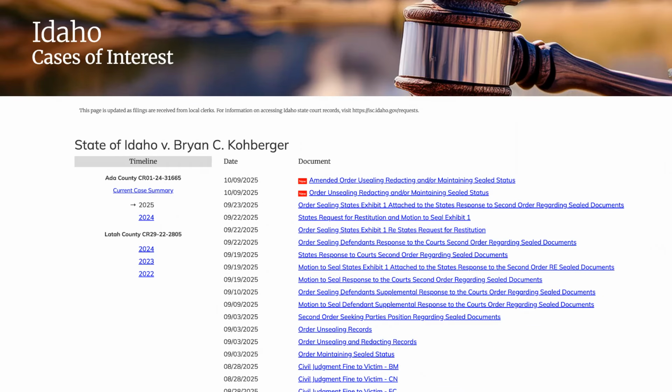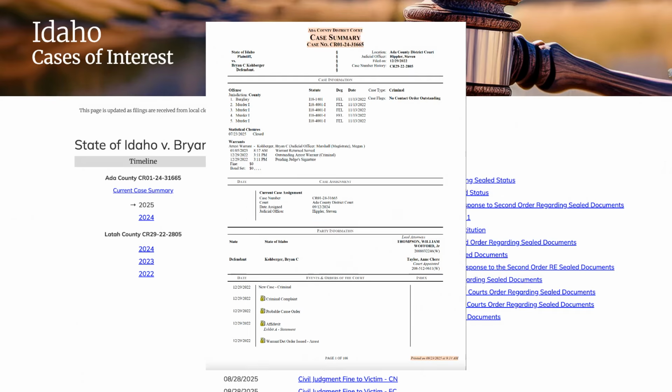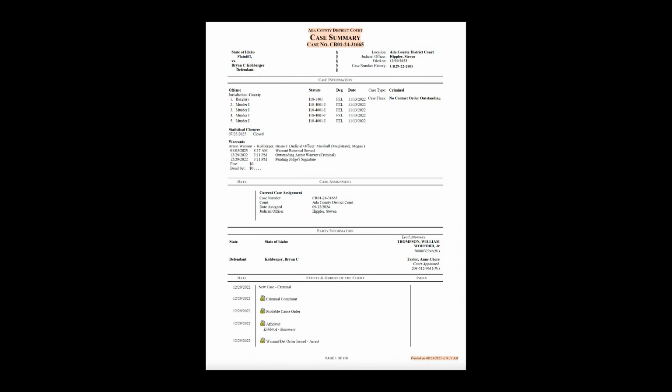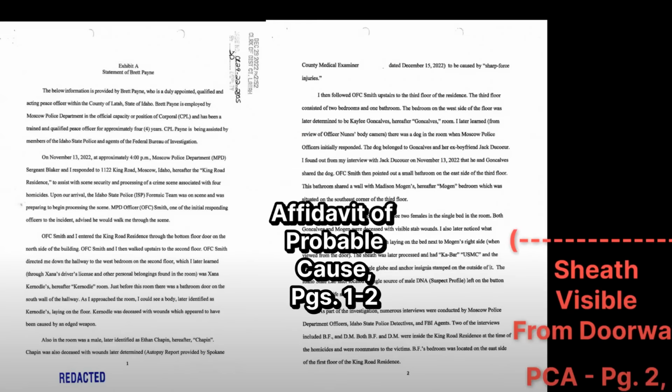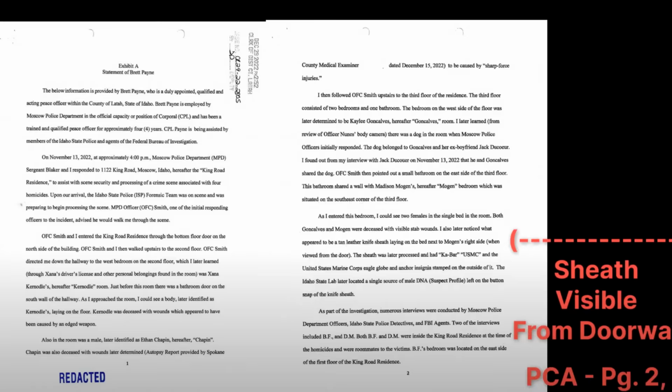So we see here, criminal complaint that was signed by William Thompson, who is the lead attorney for the state of Idaho. Probable cause order. This was the order finding probable cause signed by Judge Megan E. Marshall and it is based on the affidavit of probable cause. The affidavit that you see here is the PCA. This is the document signed by Detective Brett Payne on that day.